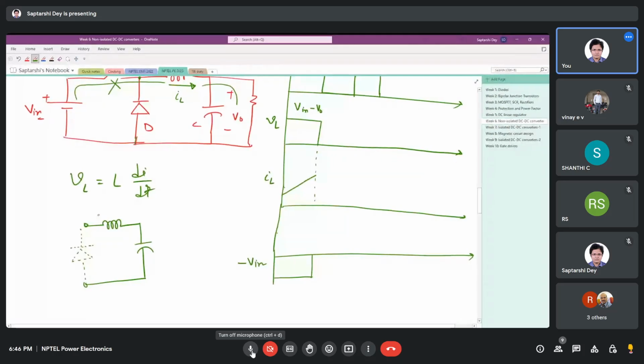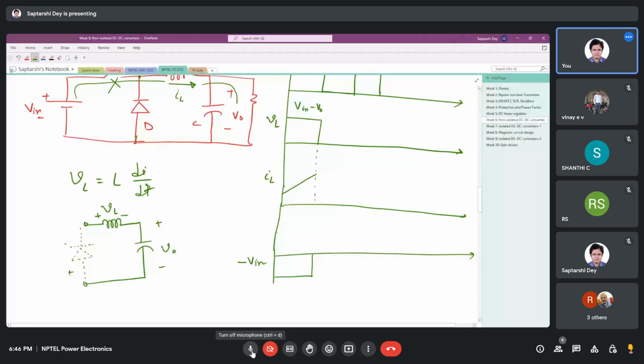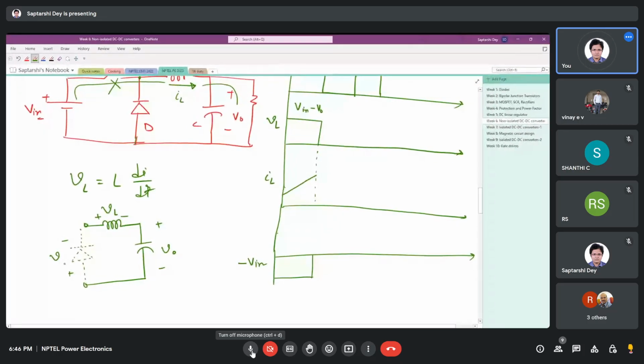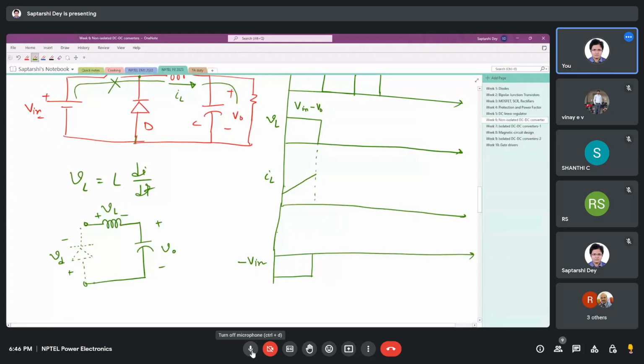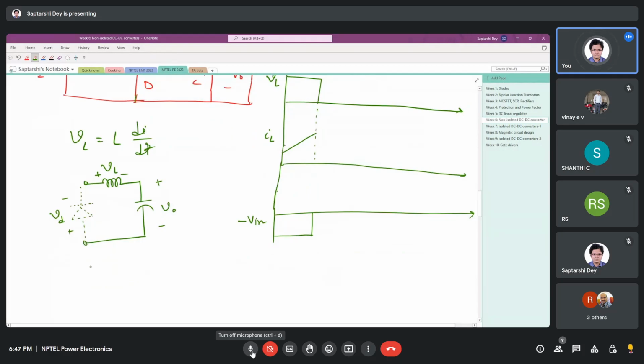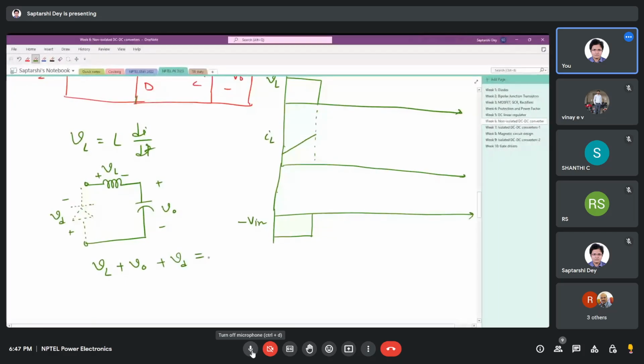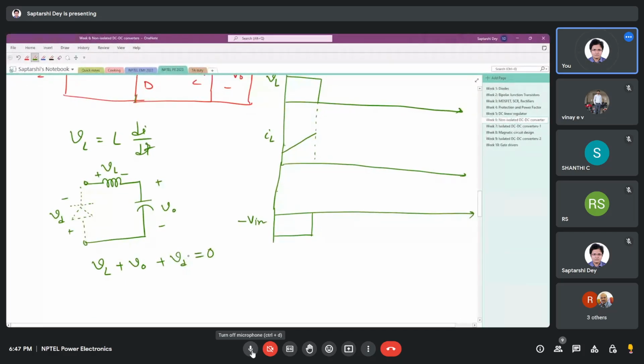Okay. So I will write VL, VO, V diode. Now if I apply KVL, VL drop, VO drop, VD drop is 0, right?